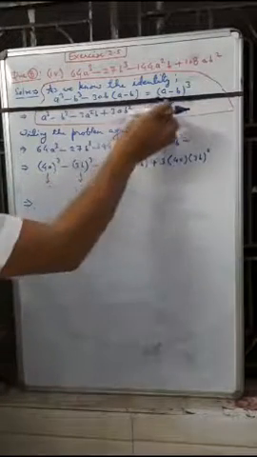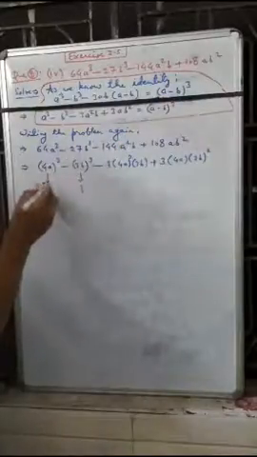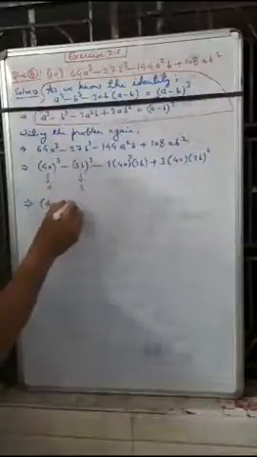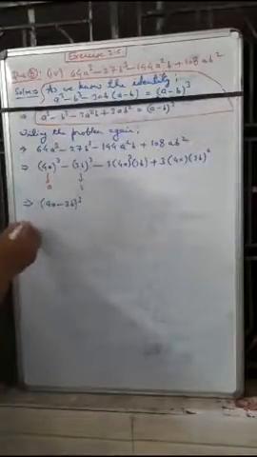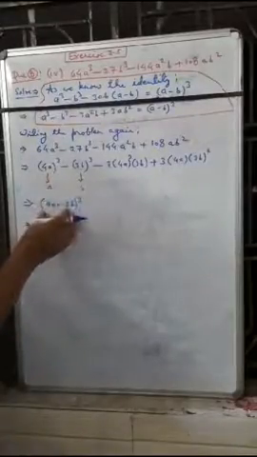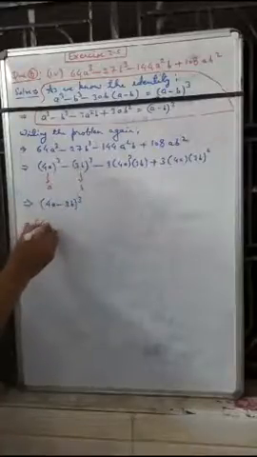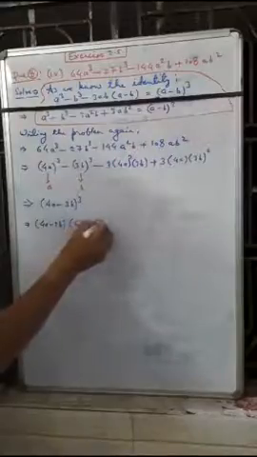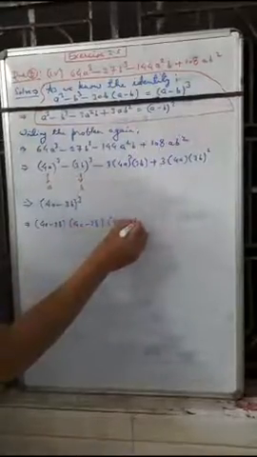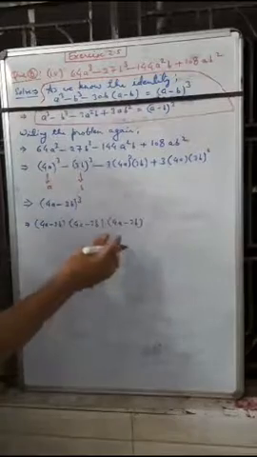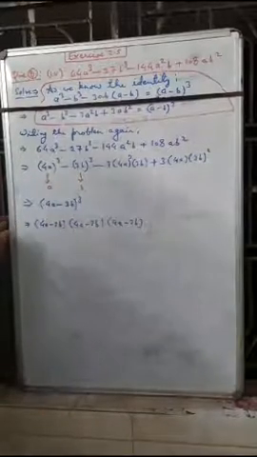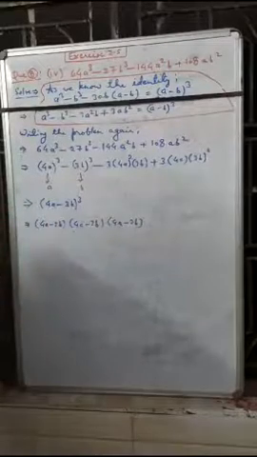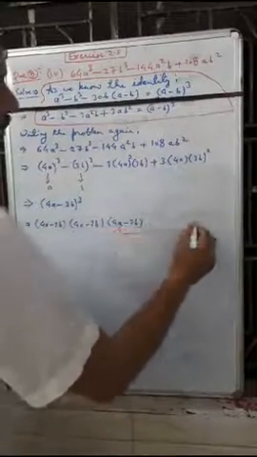In place of a we have 4a, and in place of b we have 3b, whole cube. It is the formula, and now it has been factorized, so we can write it three times: (4a minus 3b)(4a minus 3b)(4a minus 3b). Sometimes in the answer sheet it is given in this way. So it is the solution.